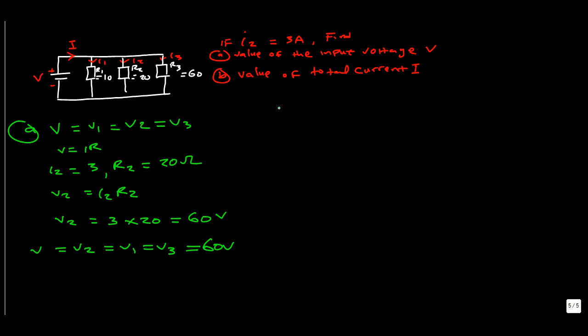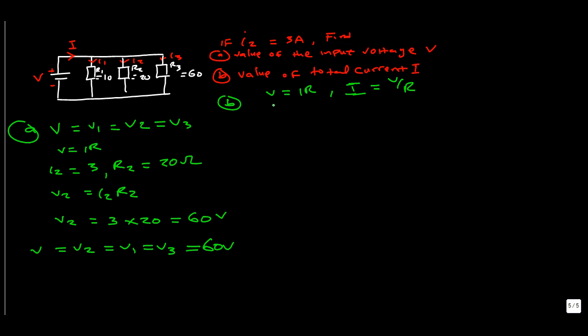Now for part B, there are two ways to obtain the value of the total current. Again, we know Ohm's law, V is equal to the current times the resistance, and we can rearrange it to get voltage over resistance.